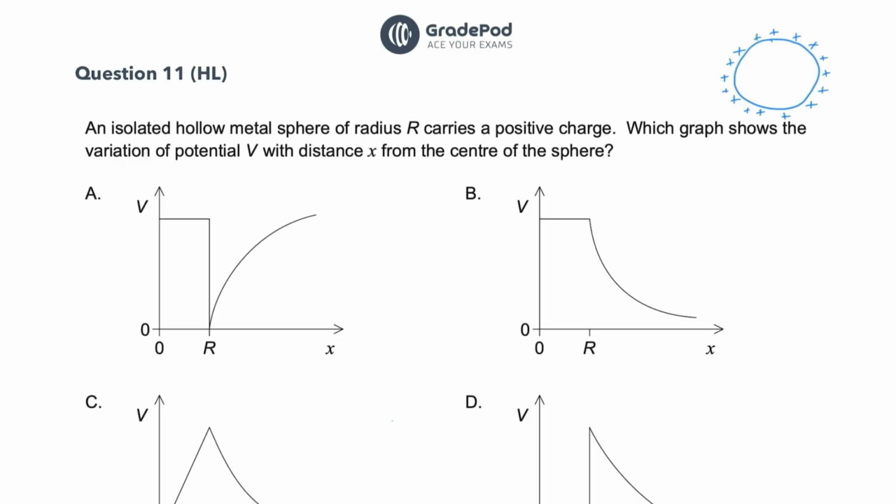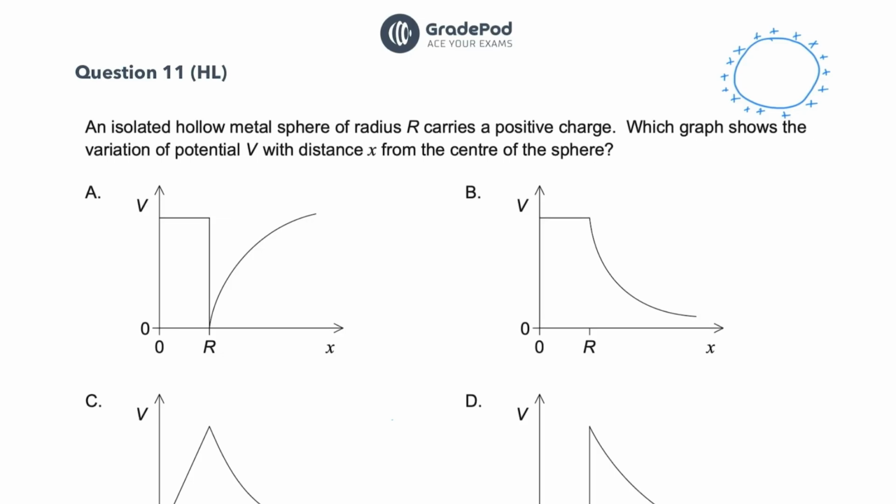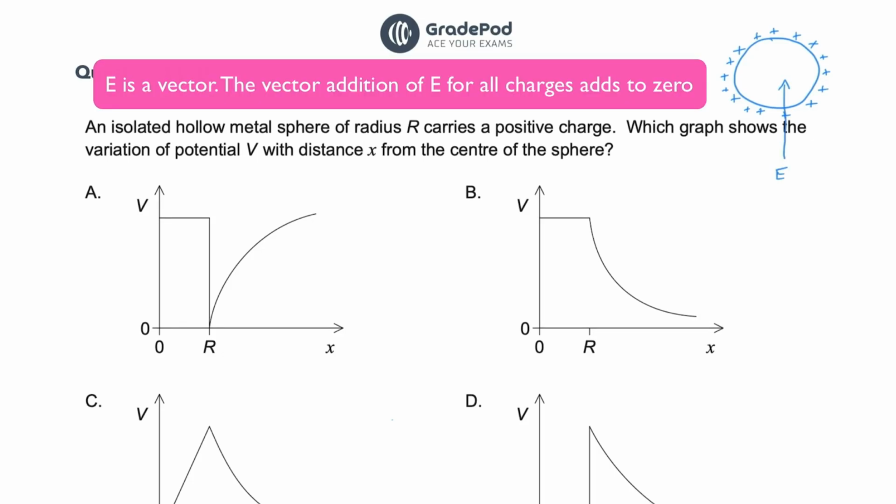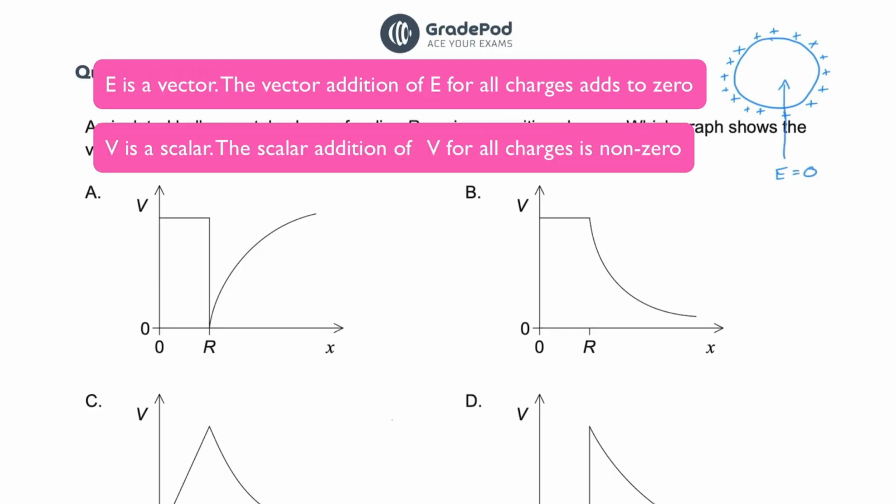Because they all repel each other and they're all opposite each other, what we find is that inside this hollow metal sphere, the electric field is 0. However, the potential is not 0. It's constant and it's not 0. You just have to trust me that inside a hollow metal sphere, potential is not 0 and it's a constant.